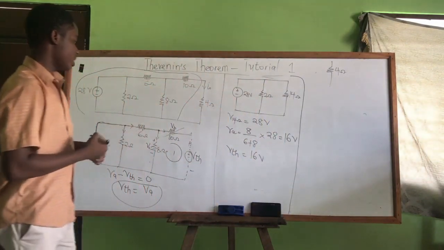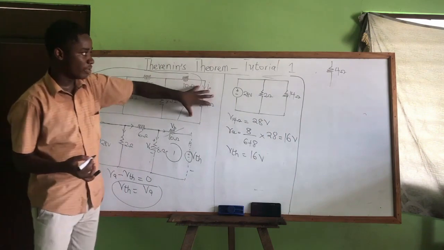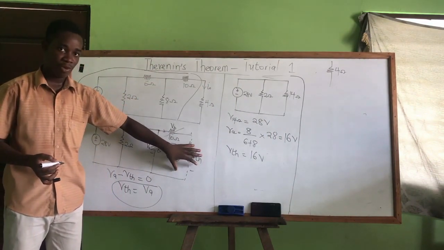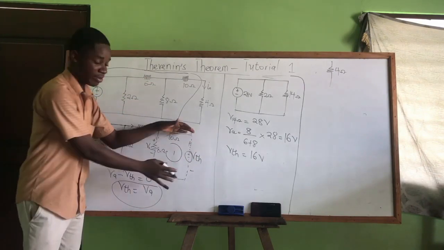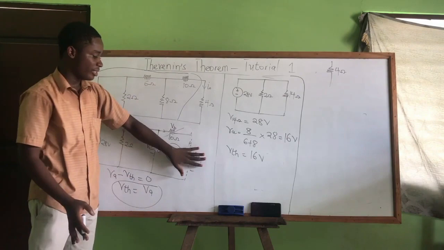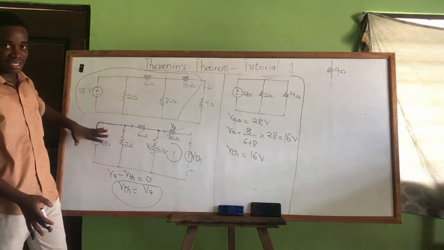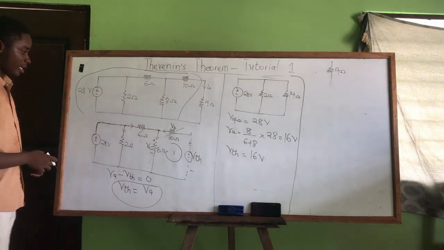Good. So this is our main diagram. This is the question. So this is where we remove the load. We found the VTH. At that same portion, we are going to clear the VTH, then write RTH. Still, it remains open. We will clear the VTH, write RTH, turn off all the sources in the circuit, then find the equivalent resistance. Okay, so let's see.